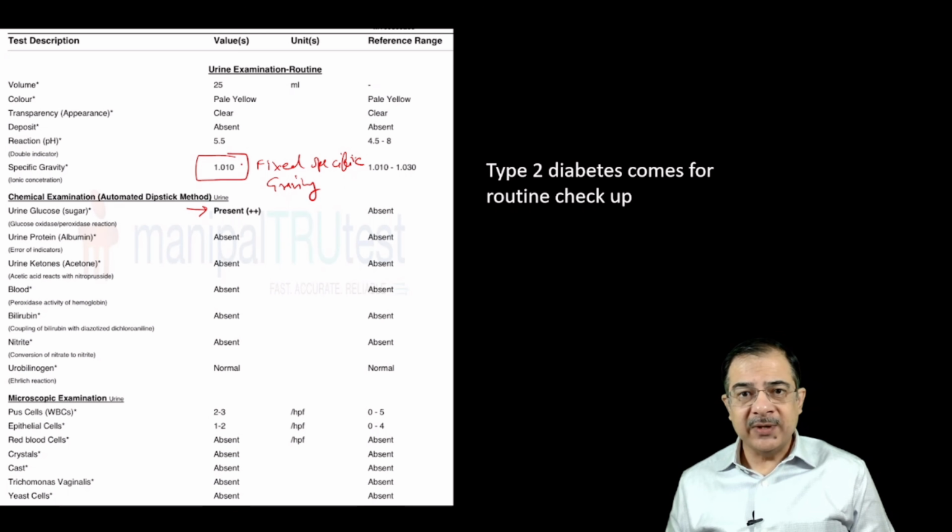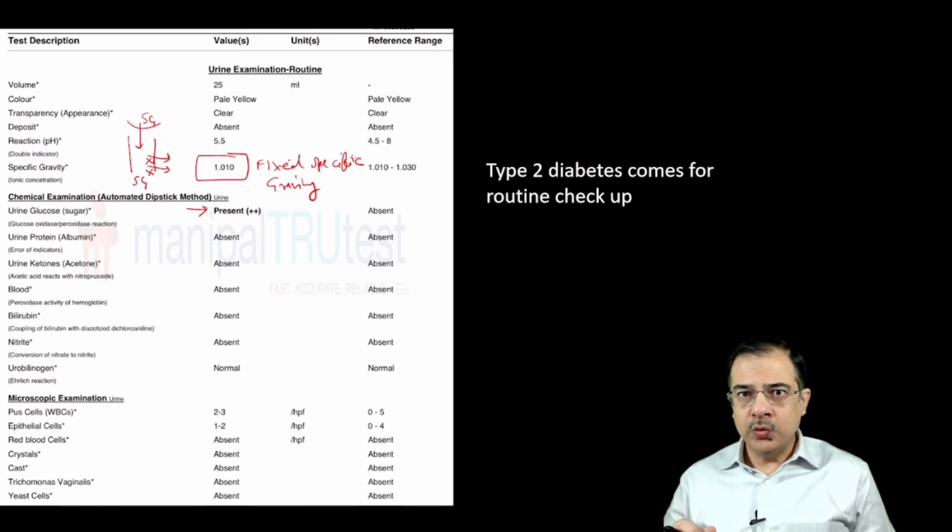It is the specific gravity of the glomerular filtrate. When the glomerular filtrate comes in, the tubules absorb the water, but if they are not working, whatever is the specific gravity of the glomeruli, that will be the specific gravity of the urine. So this is a fixed specific gravity.